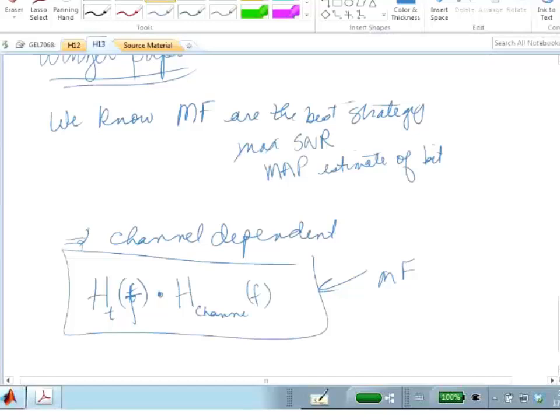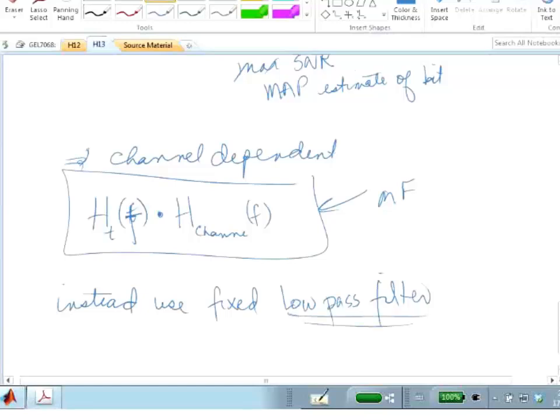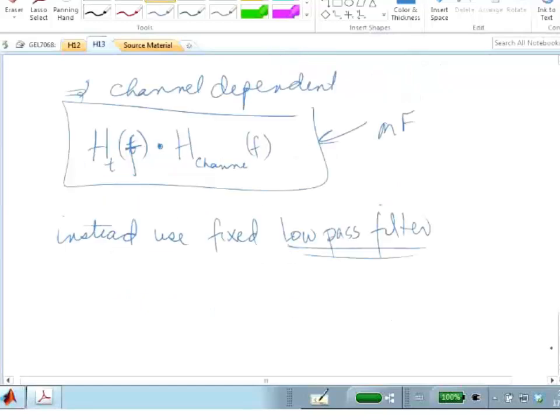And instead, a common simplification is to just use a fixed low pass filter. And then the question is posed, well, what bandwidth should I use for the fixed low-pass filter? There are some rules of thumb in certain additive white Gaussian noise channels.